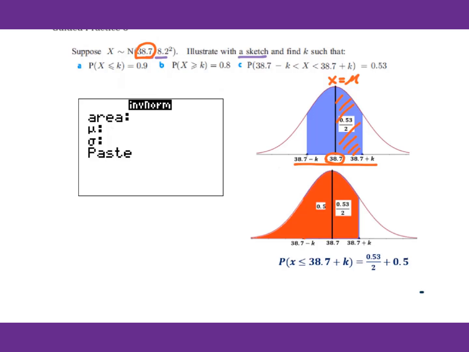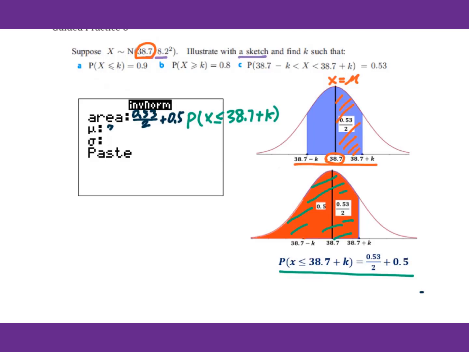Since we only use the probability value that x is less than or equal to something, over here is 38.7 plus k. Therefore, you will figure out this shaded area will be 0.5 plus 0.53 over 2. Like this. So we put into this area 0.53 over 2 plus 0.5.